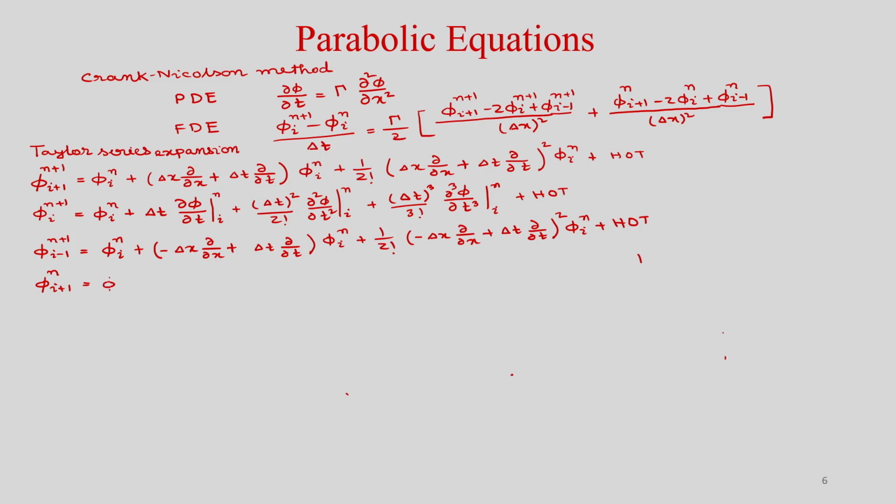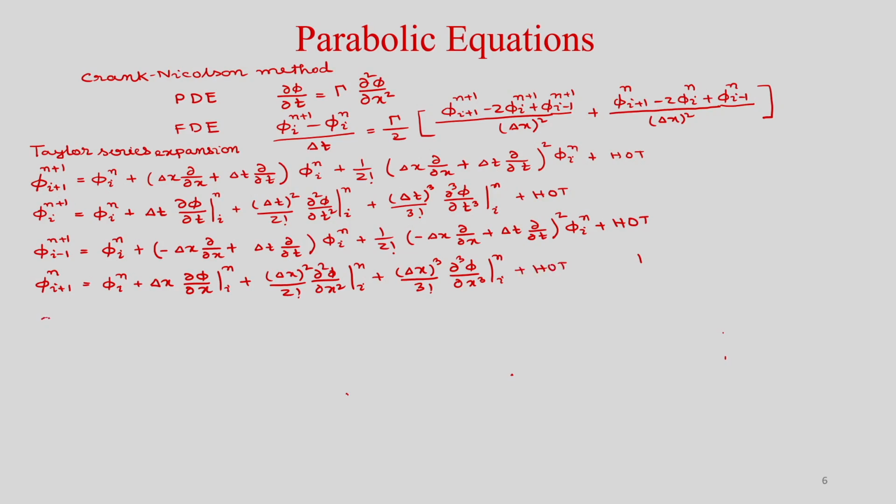So, it will be phi I n plus delta x del phi by del x at I n, plus delta x square by factorial 2 del 2 phi by del x square, then plus delta x cube by factorial 3 del cube phi by del x cube, plus higher order terms.